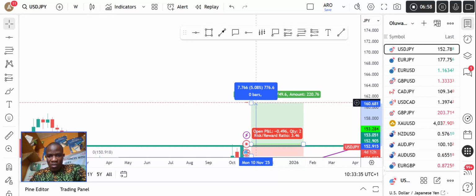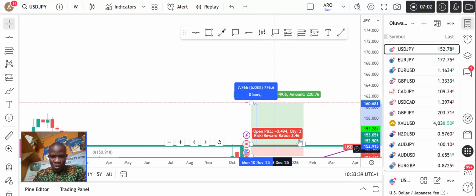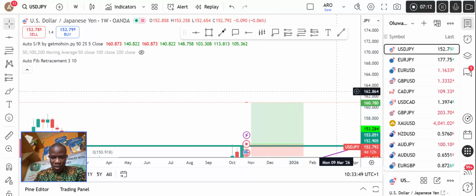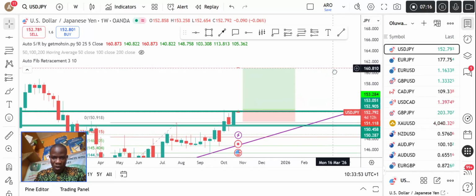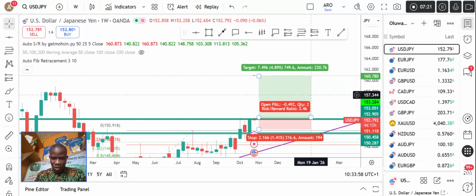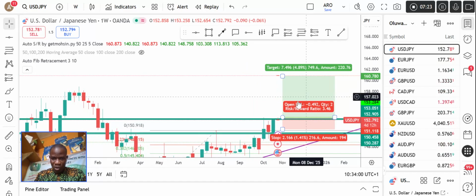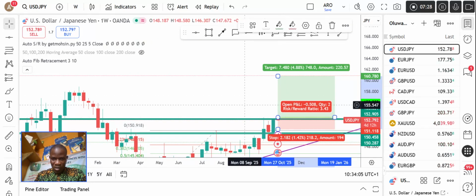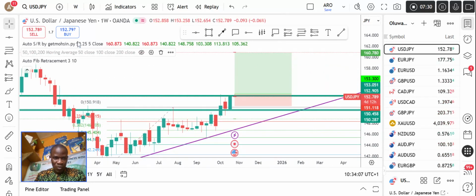So we are risking something like 200 pips to get 700 pips. That's what we still need to wait for before we place our trade. So that's our view for this week. We need to wait for confirmation before we enter the trade. So don't just put your money on this trade yet until we receive a confirmation.